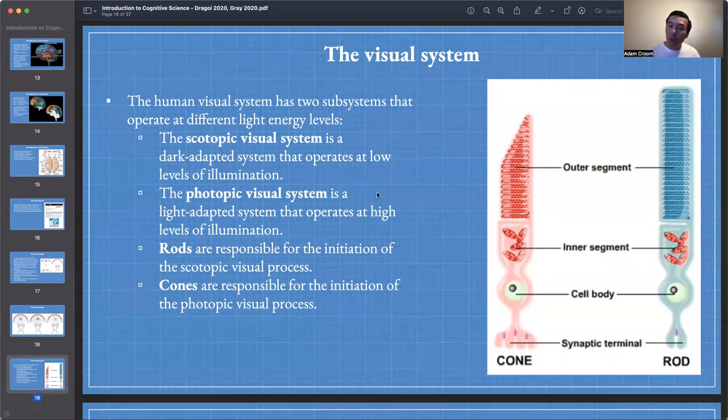The photopic visual system is a light adapted system that operates at high levels of illumination, and cones are responsible for the initiation of the photopic visual process. So cones are for color, and rods are helpful for nighttime.